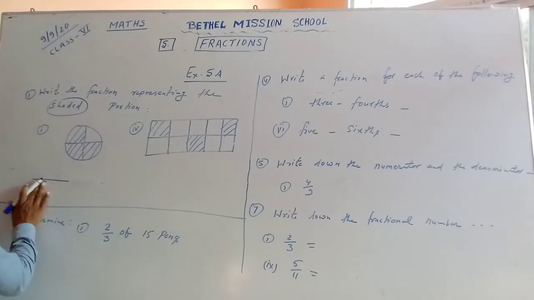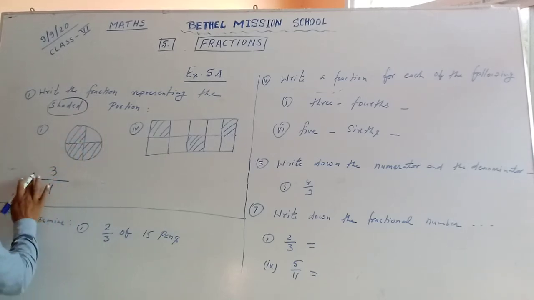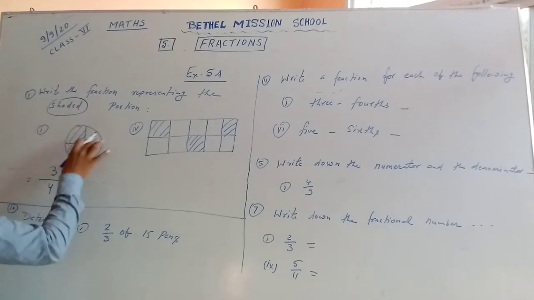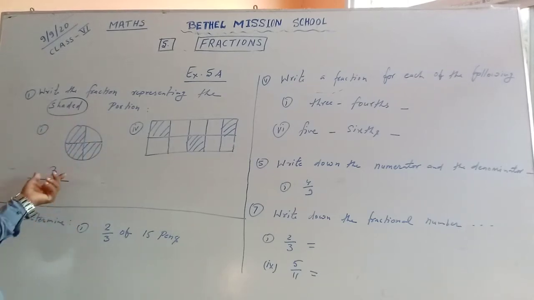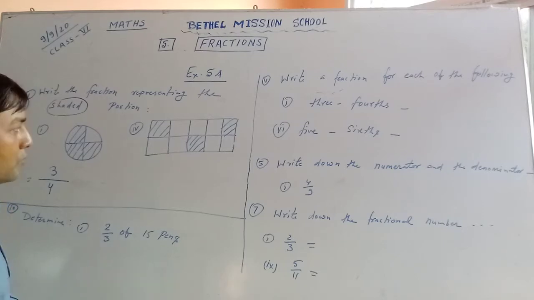The total is 4, and shaded is 3. So this picture shows 3 by 4.